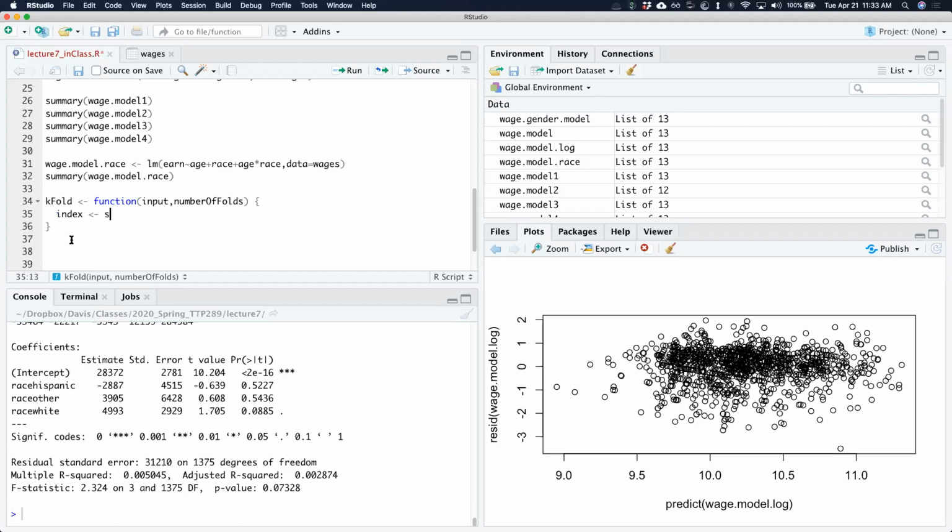Here, I'm going to create an index, and that's going to be sampling from 1 to the number of folds. So suppose this is 1 through 5. It's just going to draw numbers out of a hat that could be 1, 2, 3, 4, or 5. And it's going to do that how many times? Equal to the number of rows in my data set.